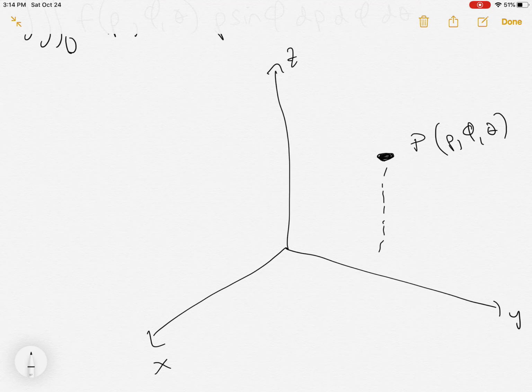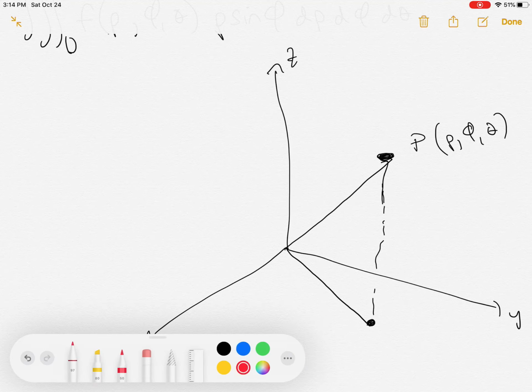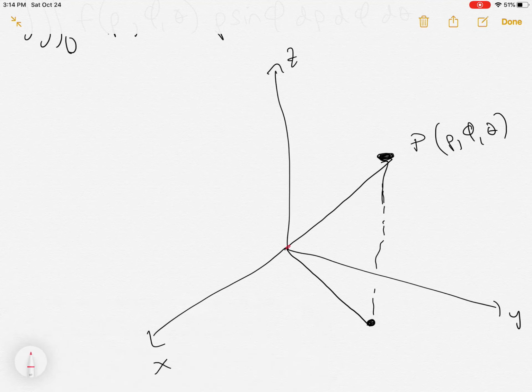If you project this down onto the XY plane, and you run a line out like that, the distance from the origin to the point, that's our only length, that's rho.